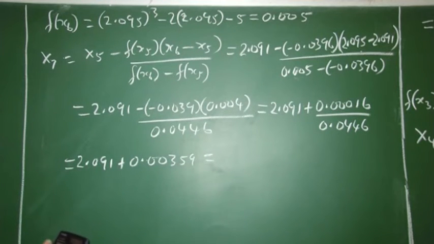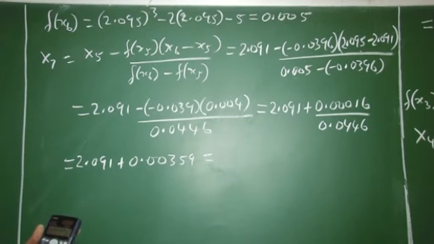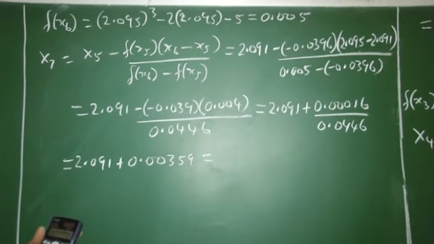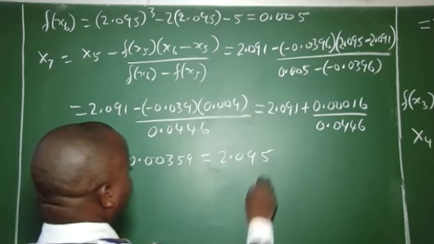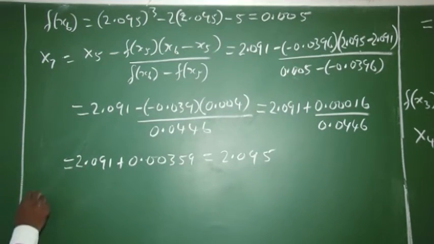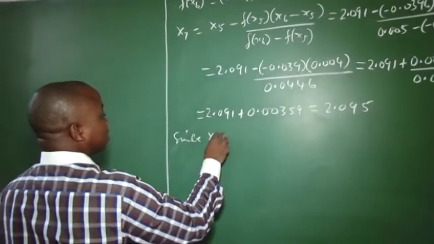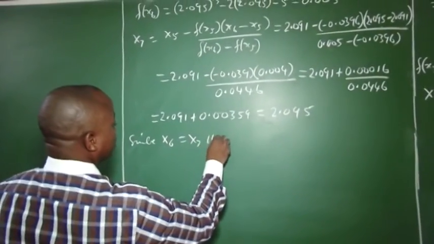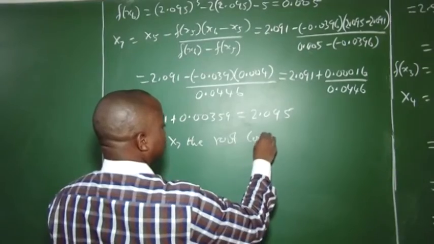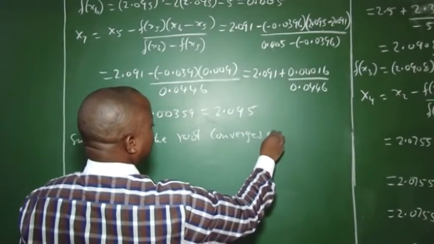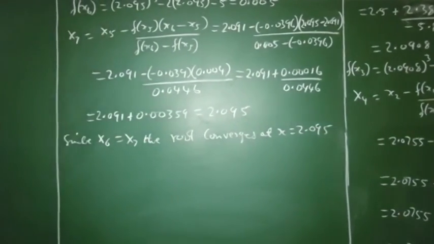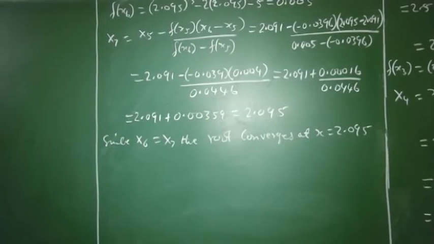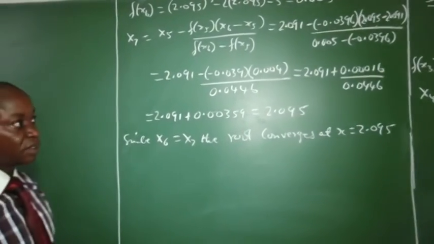We add this, we'll have 2.091 plus 0.00359. Okay, and that gives us 2.095 to 3 decimal places. Therefore, since x6 equals x7, the root converges at x equals 2.095. So that is where the root converges, and that is the second method.